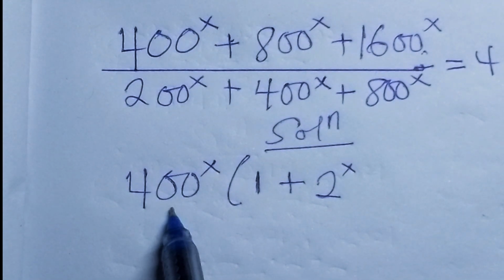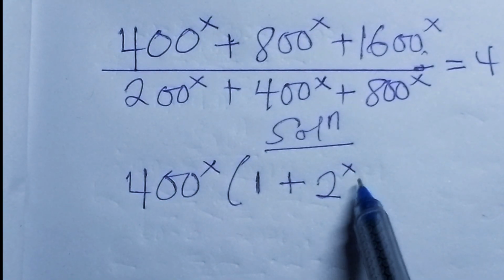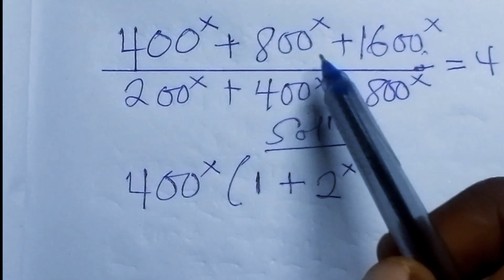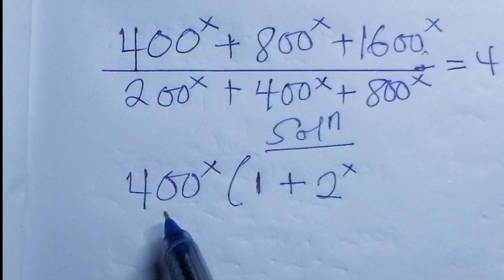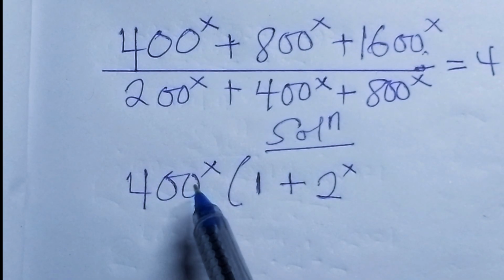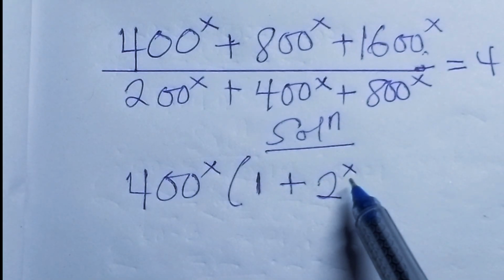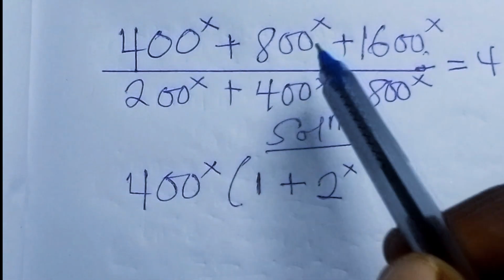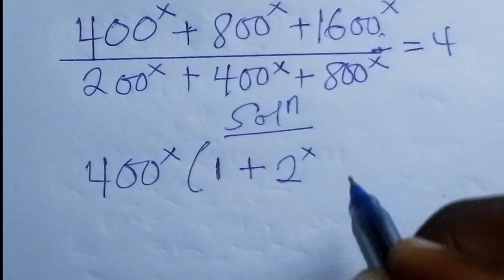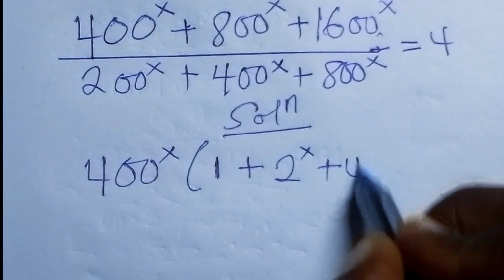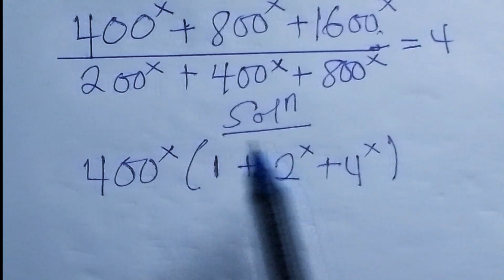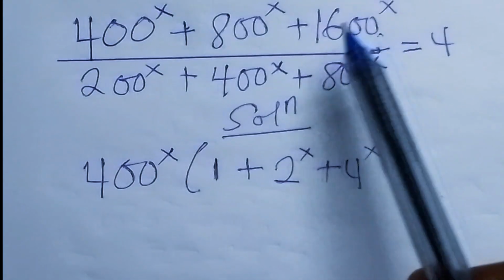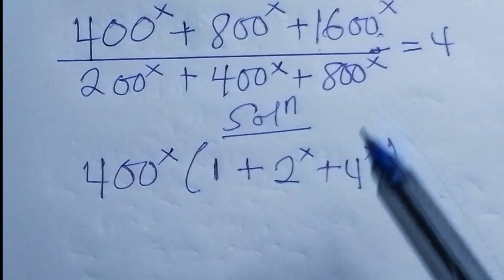So 400^x times 2^x will be 400 times 2, which is 800, then we bring the exponent x, so we have 800^x. Then plus 4^x, bracket close, because 400 times 4 will be 1600, so we have 1600^x, all over.